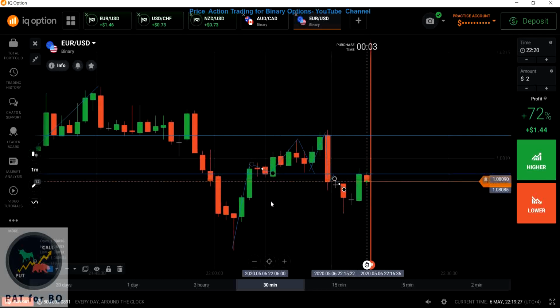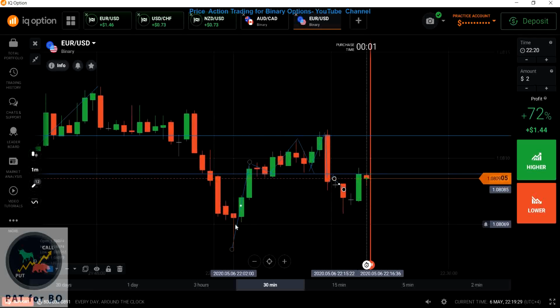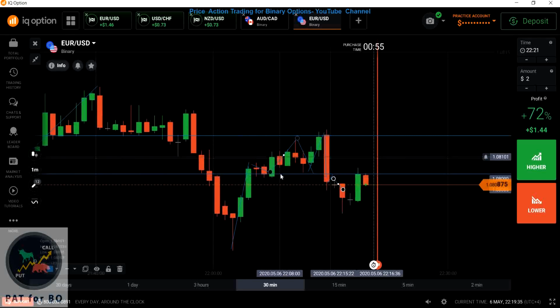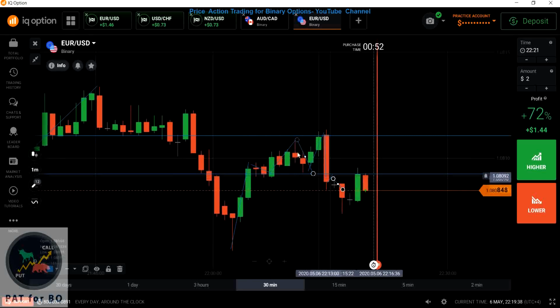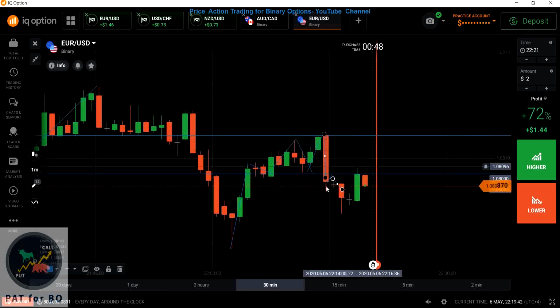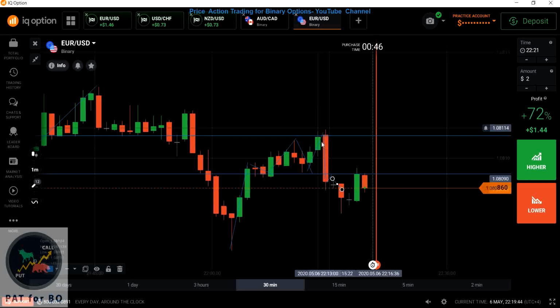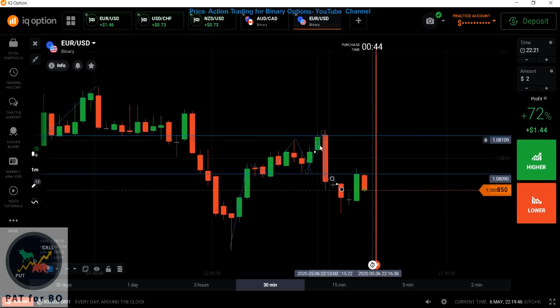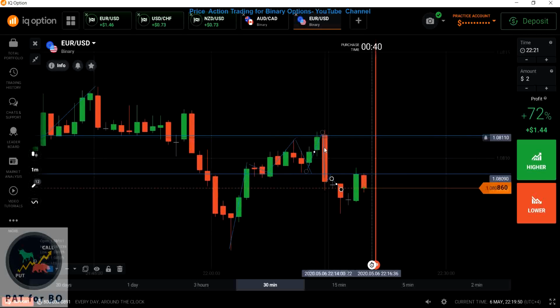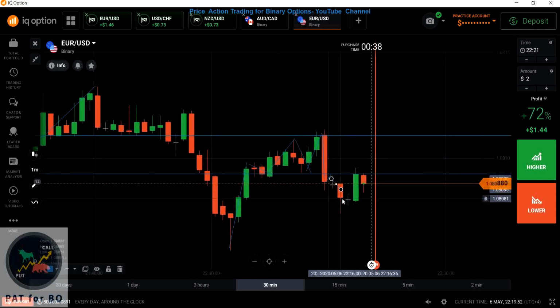So these are all pullback candles, because you can straightforwardly understand here, these are strong candles, these are weaker candles: strong candle, weaker candle, strong candle, weaker candle. Until this area it was all pullback or correction candles, but this is a reversal candle, because it was very strong when compared to these candles.